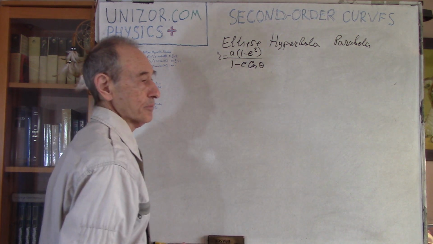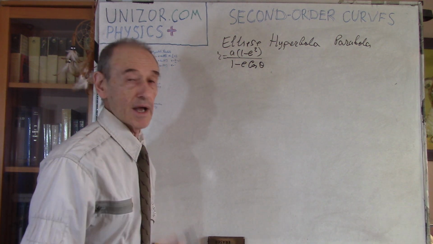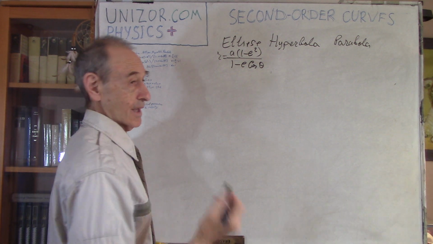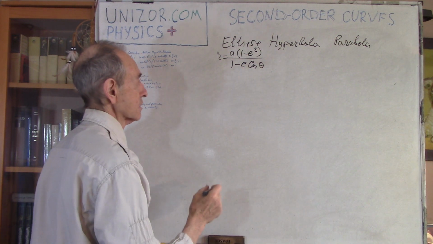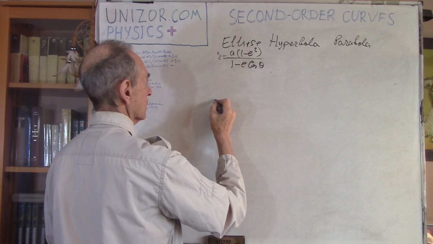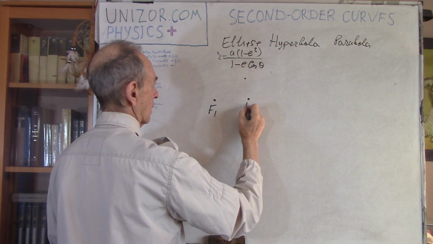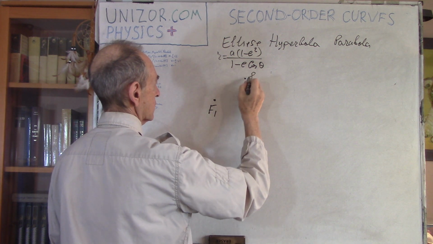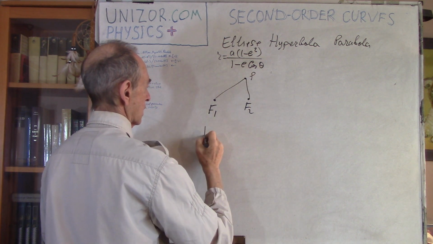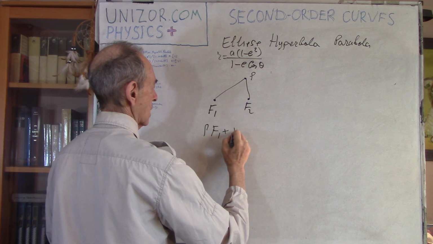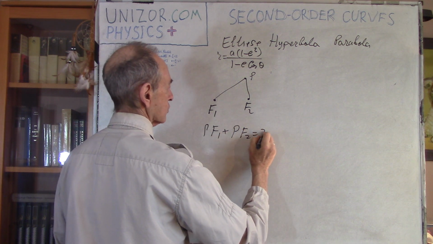Okay, hyperbola. A hyperbola is defined very much like an ellipse with one little difference. In the case of an ellipse, you had two points, which are foci, and you have this point P, and you say that PF1 plus PF2 is equal to 2a, right?